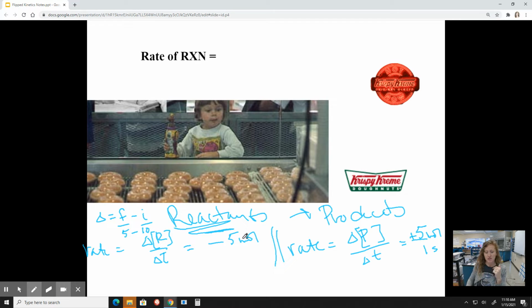So final minus initial would be a negative number in that amount of time. We would get a negative 5 moles per second for our rate. So we can communicate this rate in a couple different ways. The appearance of product, the disappearance of reactant, and as our reaction gets more complicated, so do our options for communicating rate. Let's look at this a couple different ways.